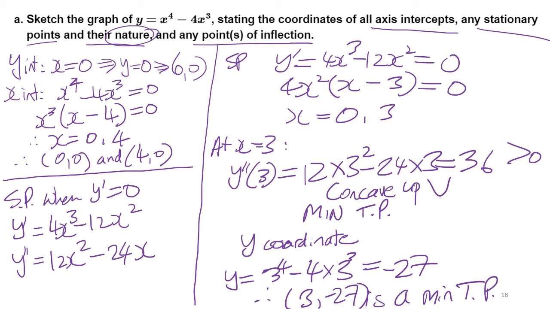Next, we are going to look at when x equals 0. Remember, we have identified another stationary point occurring when x equals 0. So we need to check what sort of turning point it is. We need the second derivative.